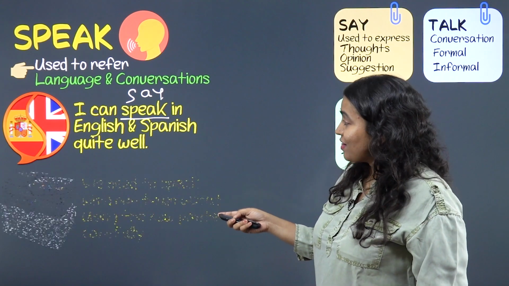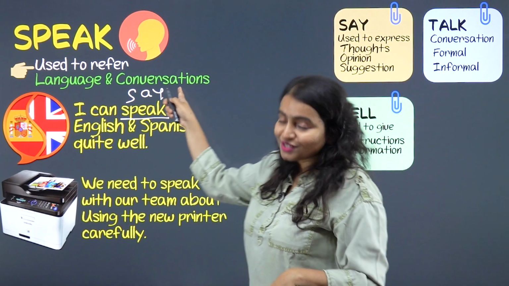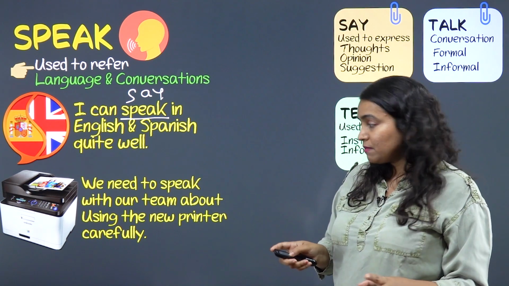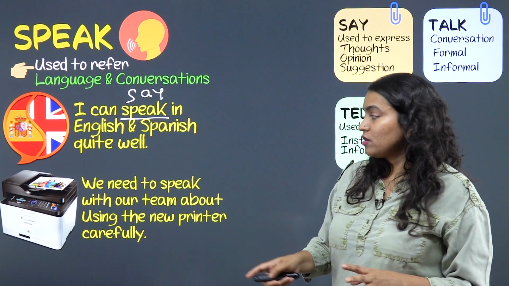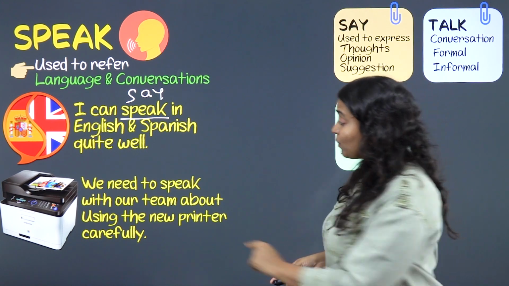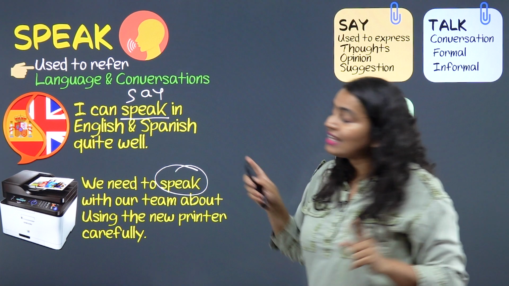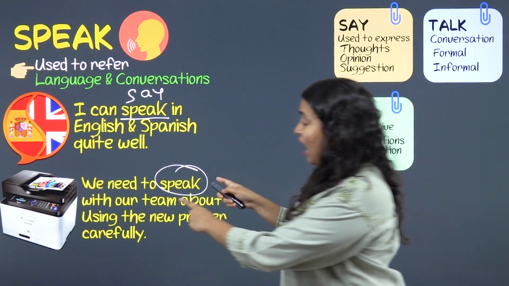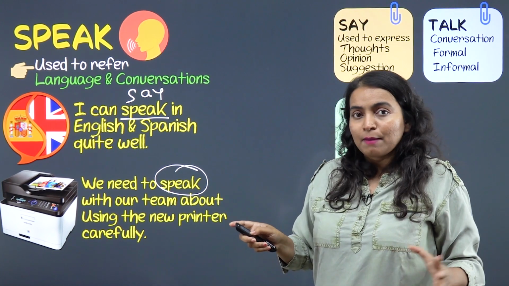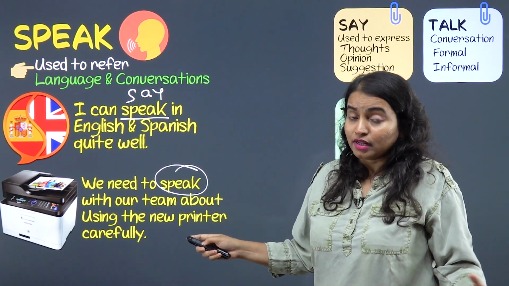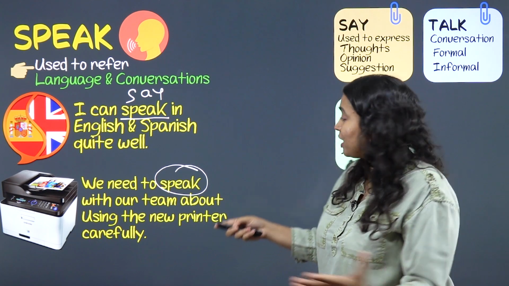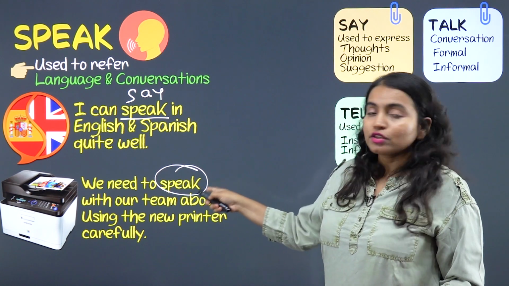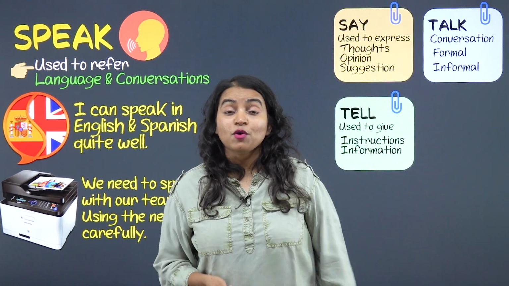Okay, or when you're using it as far as conversations go, you can say, we need to speak with our team about using the new printer carefully. Why do we say speak? Because here again, we are referring to conversations, which means we are going to have a conversation with our team about using the new printer properly or carefully, because it's a new printer and you want to make sure that you don't have a problem, right, when you're using it. So you will use the word speak. Okay, so that was all about speak.